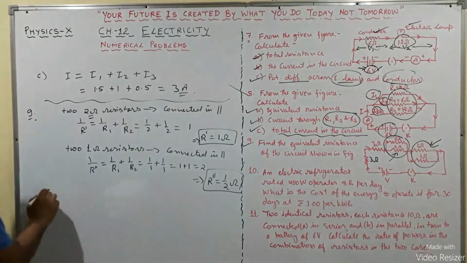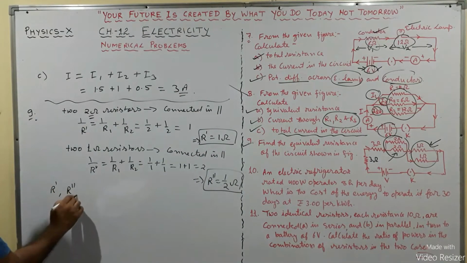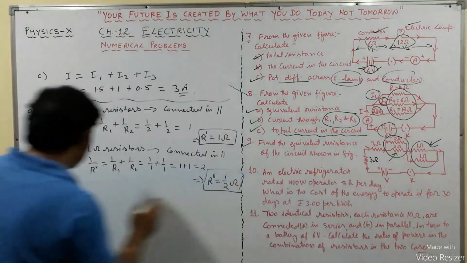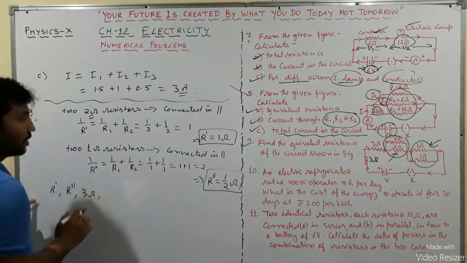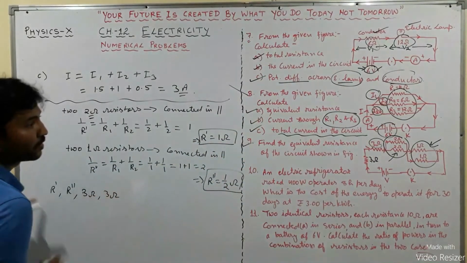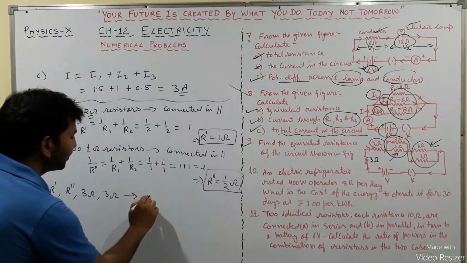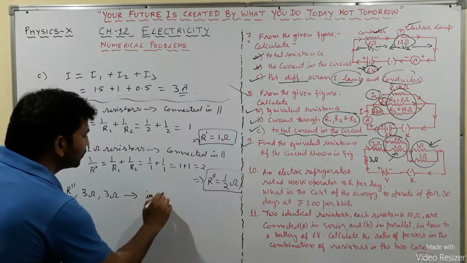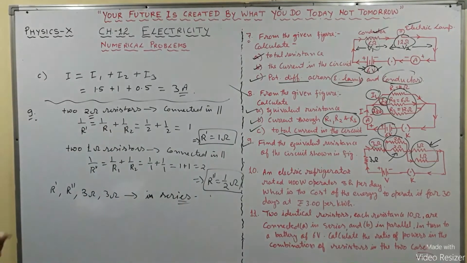Now here, R double dash and this 3 ohm resistor and this 3 ohm resistor are connected in series. So what is the equivalent resistance of the combination?